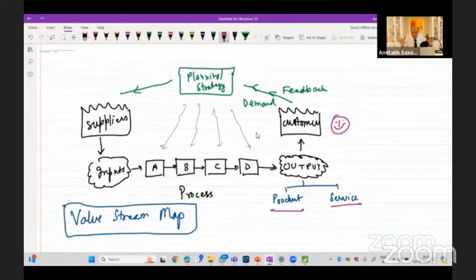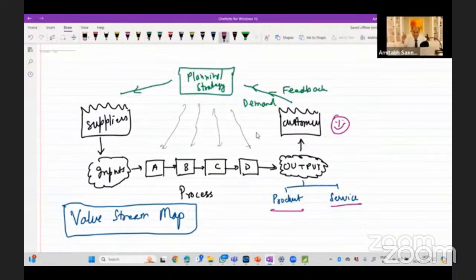Well, in a way, you are right. But the customer is happy because he or she is deriving a value from your product or service. That is why he or she is using your product or service. For example, if you are manufacturing cars, the product is the car, the output is the car.